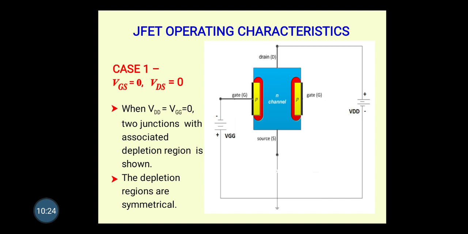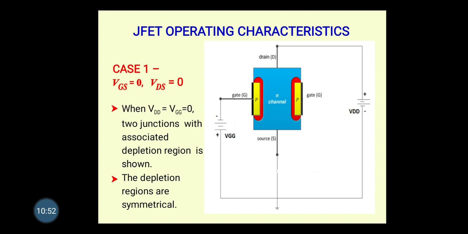Now we will understand the JFET operating characteristic in a few cases. When you connect the power supply to JFET as shown in the figure, the gate is usually reverse biased, and VDD is connected. Case 1: VGS is equal to 0 and VDS, that is VDD, is also 0.